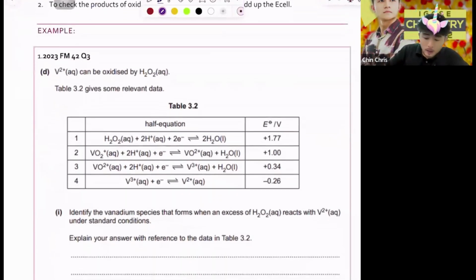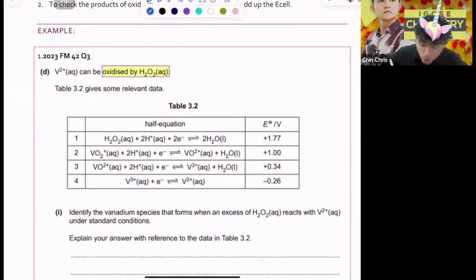Okay, guys, now you see, V2+, they say, can be oxidized by H2O2. So which means H2O2 is acting as an oxidizing agent, which means it undergoes reduction. Correct, which means it's our PRR.